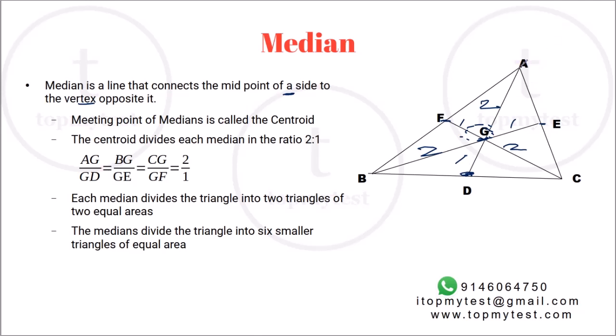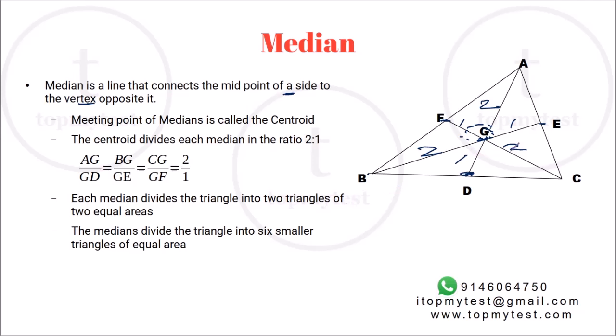So the area of triangle ABD will be the same as the area of triangle ADC, which will be half the area of the original triangle. Similarly, the area of triangle BEA will be half the area of the full triangle, which will be equal to the area of triangle BEC, and similarly with AFC and BFC as well, right?